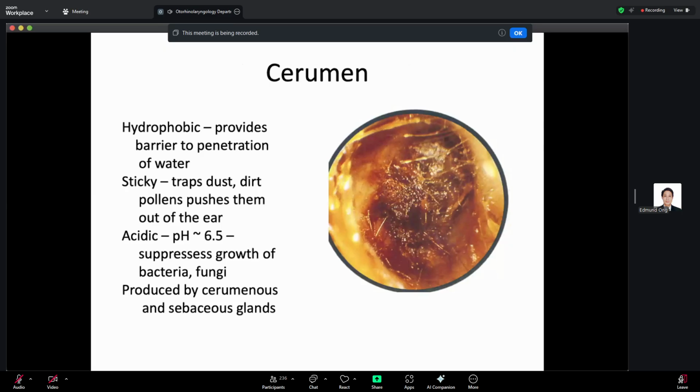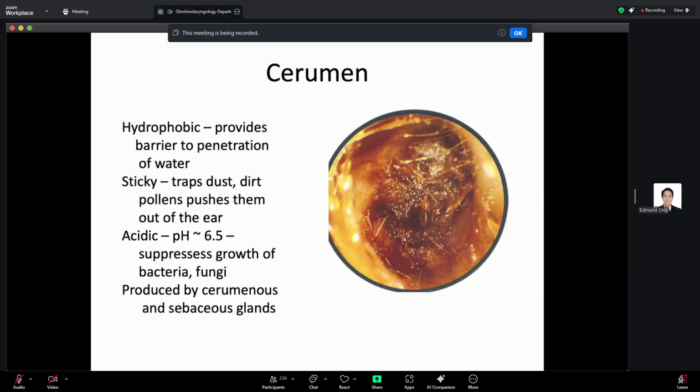Next. With cerumen, a very common problem is impacted cerumen, from childhood to even adult patients. Cerumen is hydrophobic, so it provides a barrier to penetration of water. It also traps dust, dirt, and pollens, and is a little bit acidic at 6.5 to suppress growth of bacteria and of course fungal infection.